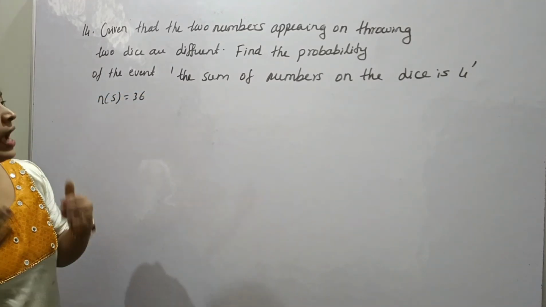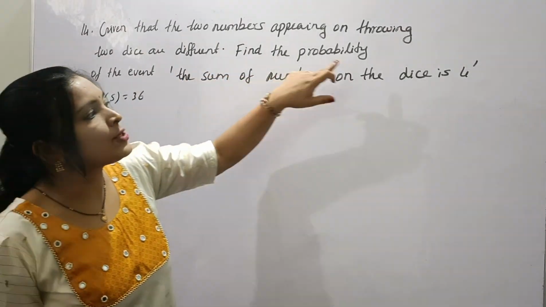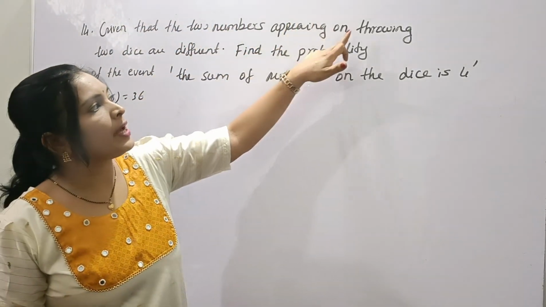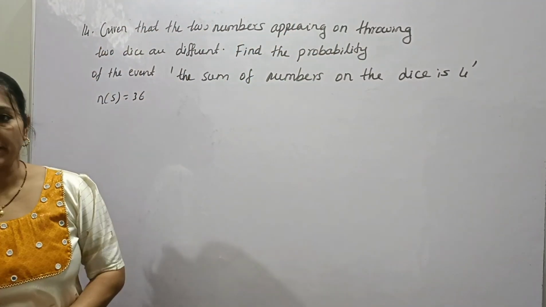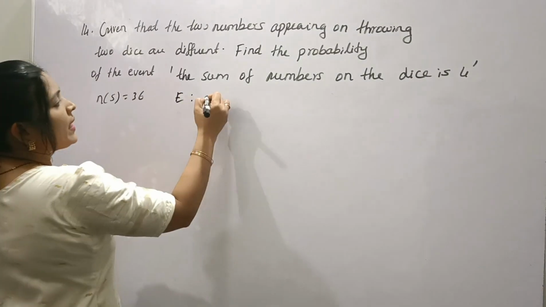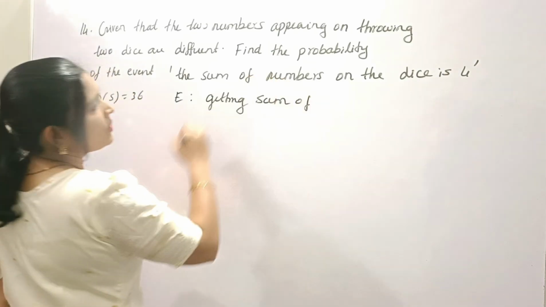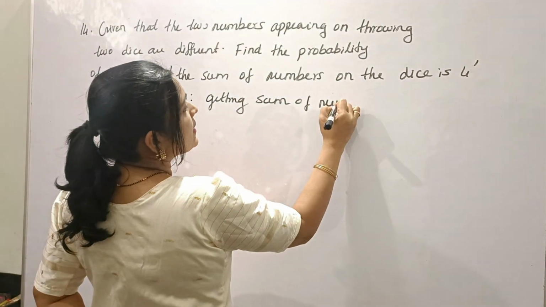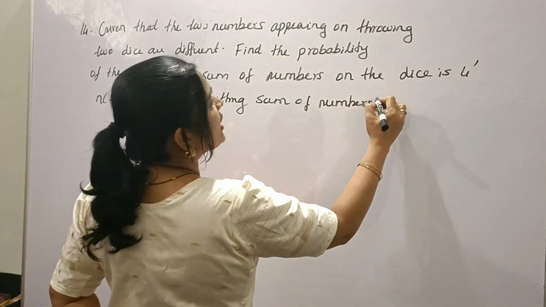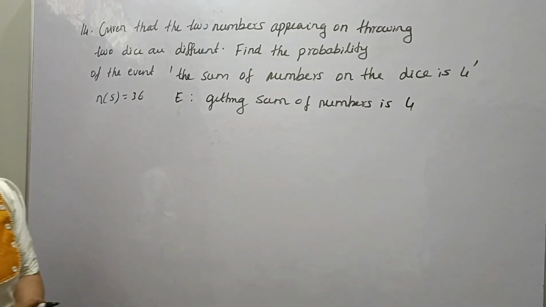What we have to find? We have to find the conditional probability that the sum of numbers on the dice is 4, given that the 2 numbers appearing on throwing 2 dice are different. So here let E be the event of getting the sum of the numbers as 4.